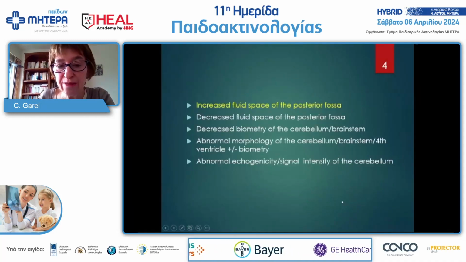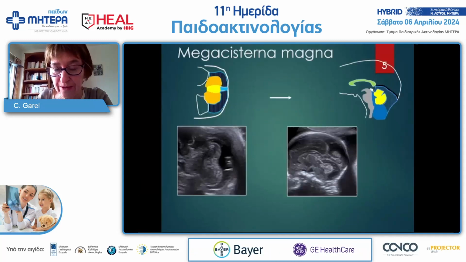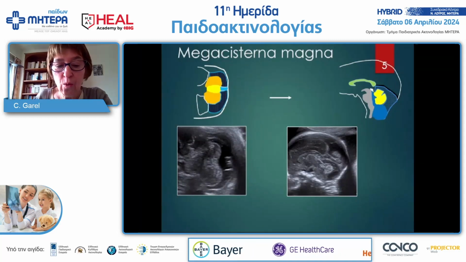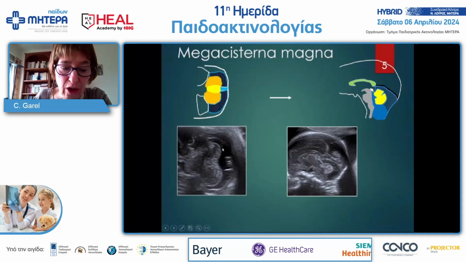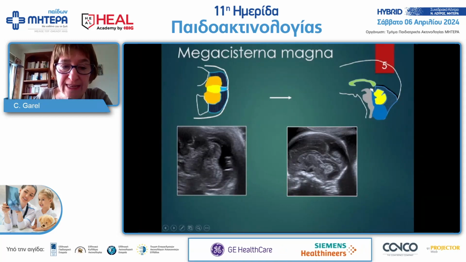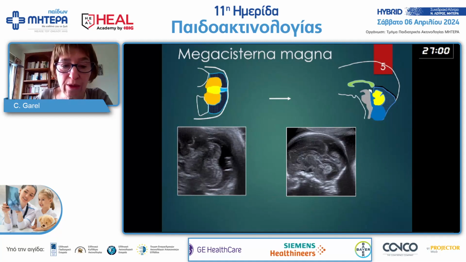So we'll start with increased fluid space of the posterior fossa, and first the cisterna magna. When we acquire an axial view in ultrasound, we can see that here are the remnants of the Blake's pouch. Between this remnant, the fluid is anechoic, because it is an intraaxial fluid in continuity with the fourth ventricle.